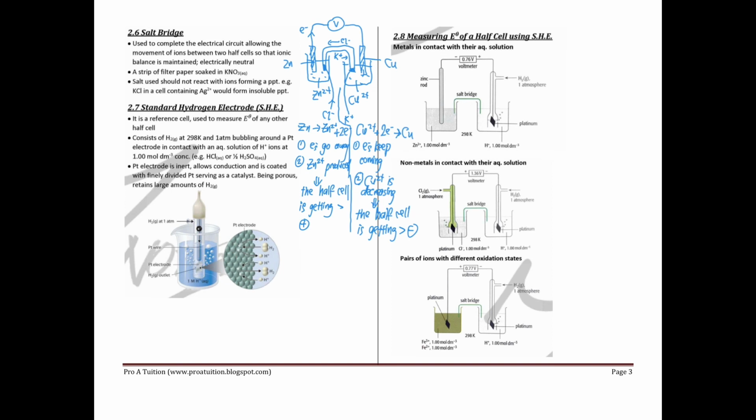And after that, what happens is the reaction either goes forward or goes backwards, depending on the other half cell. So if the reaction is like this, H plus plus 2 electrons become H2, whether it goes forward or backwards depends on the other half cell.